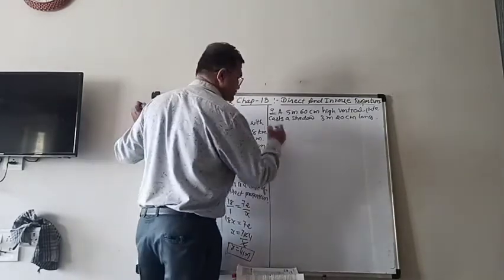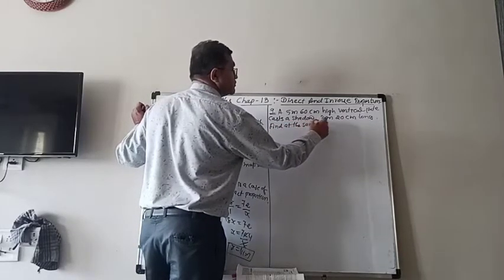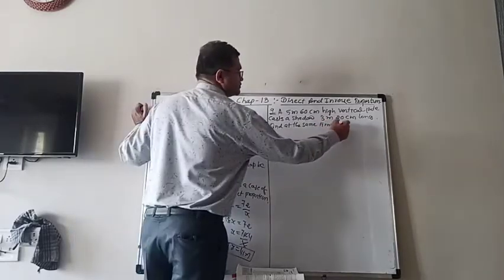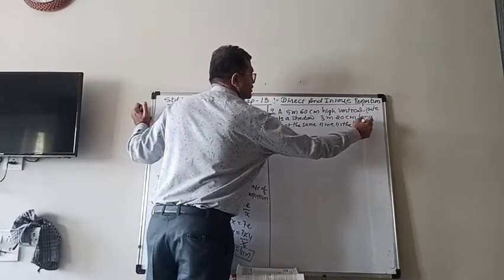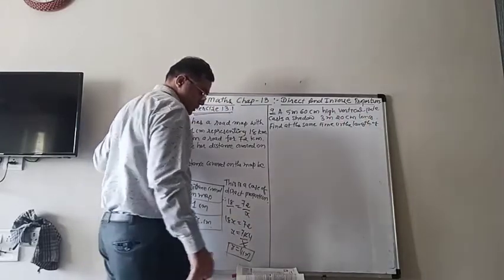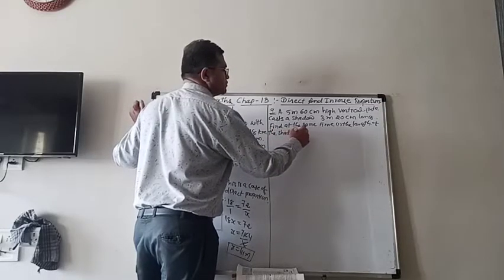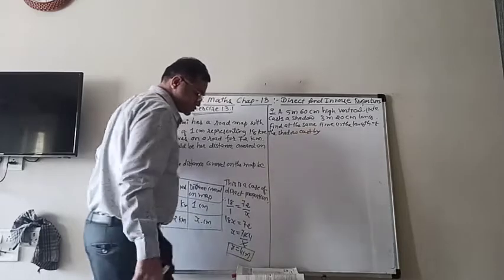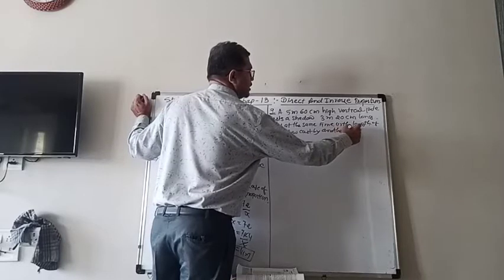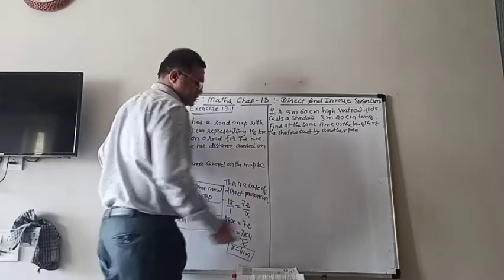Find, at the same time, first, the length of the shadow cast by another pole 10 meter 50 centimeter high.